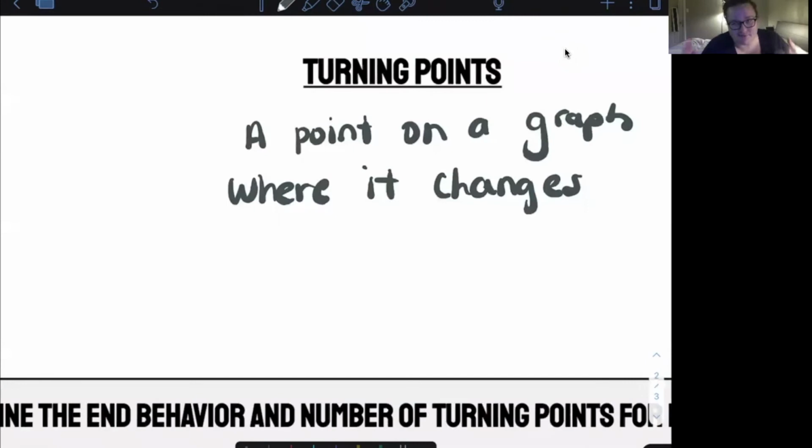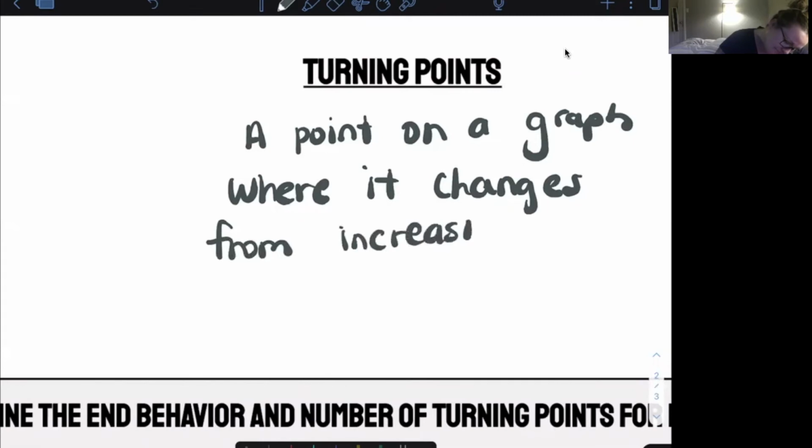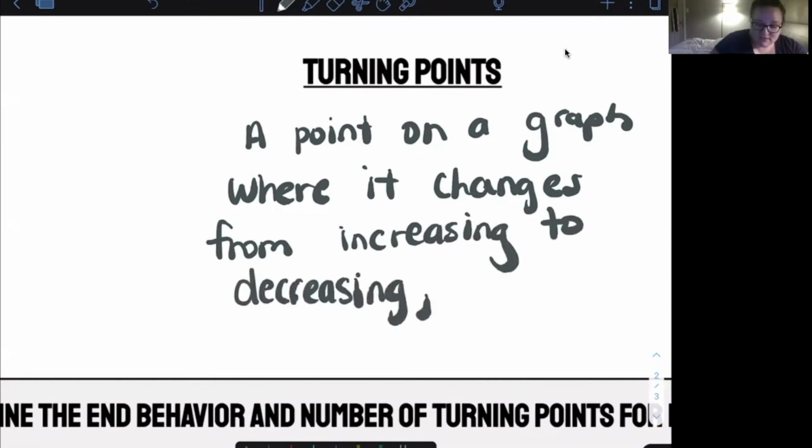You know, fancy way of saying is our graph going up or down. But, you know, we're going to talk like mathematicians. So we're talking about a point where it changes from increasing to decreasing, or vice versa. Maybe it was decreasing and now it's changing to increasing.